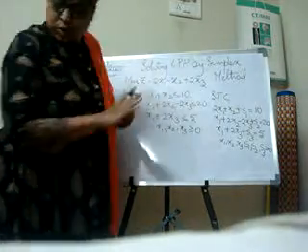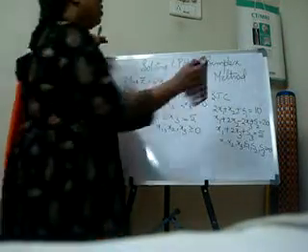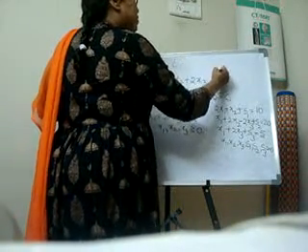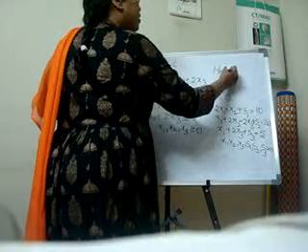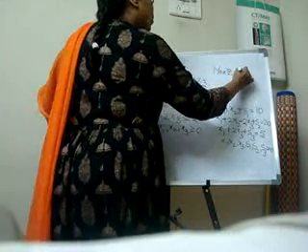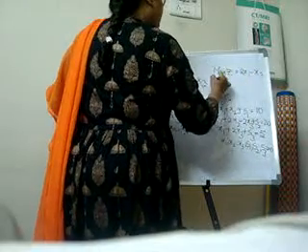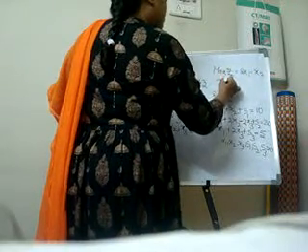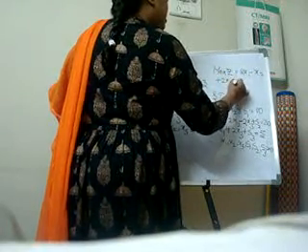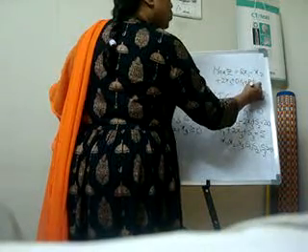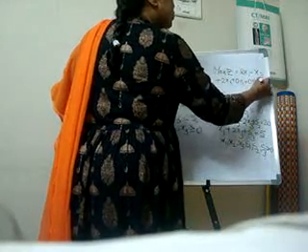Now what will happen to the objective function? Maximize z is equals to 2x1 minus x2 plus 2x3 plus 0 into s1 plus 0 into s2 plus 0 into s3.